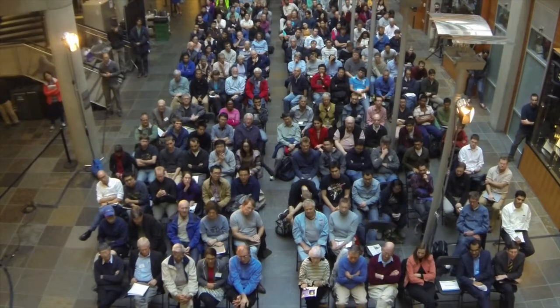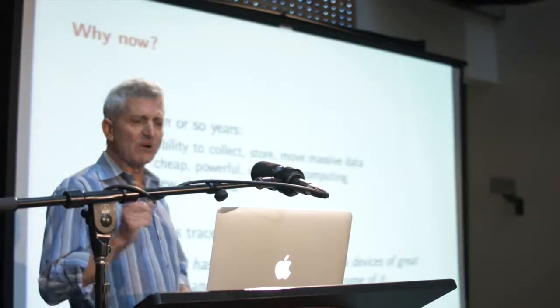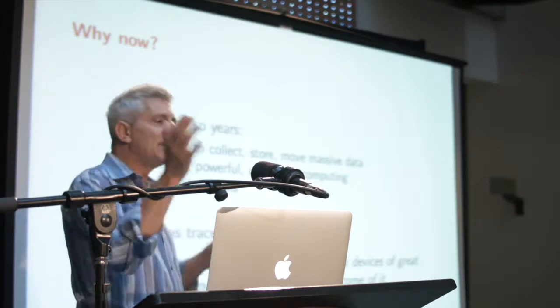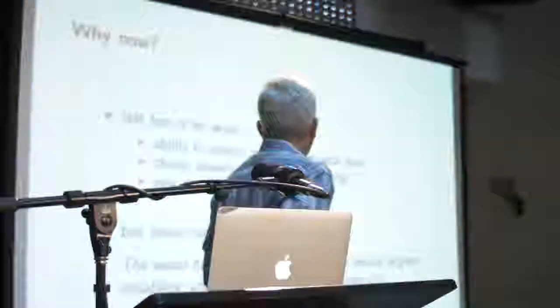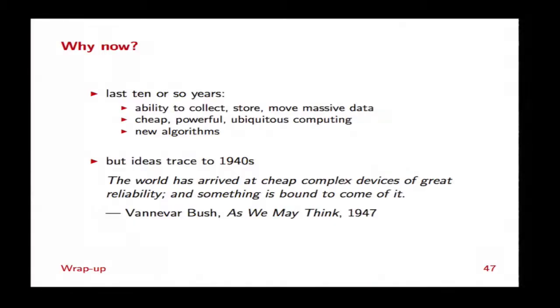So one question is, why now? And now means a couple decades. The answer is something like this: we have the ability to collect, store, and move massive data, and we have cheap, powerful, ubiquitous computing.